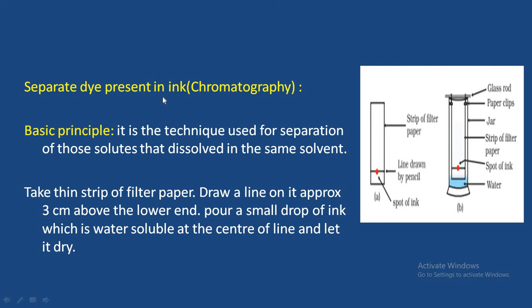Separation of the dyes in an ink, meaning the different colors in a dye in an ink, can be separated by the process of chromatography. Chromatography is the method to remove the colored components present in the dye, present in the ink, and this method is only used to separate when the solutes are dissolved in the same solvent.